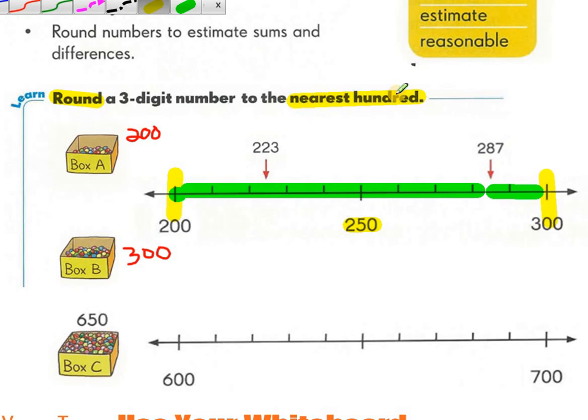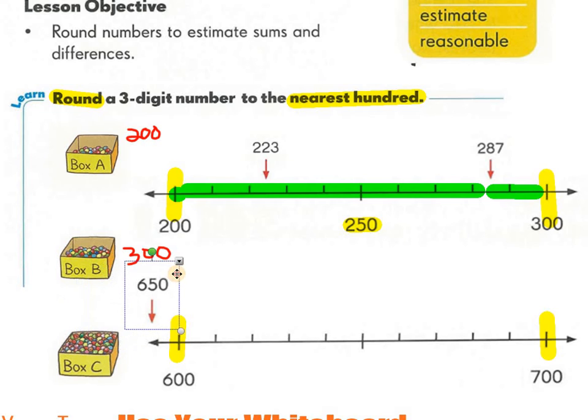Now when I round to the nearest hundred, my answer will either be 600 or 700. So let me grab this number, 650, and put it on the number line. And putting it on the number line is going to help me with my rounding. 610, 620, 630, 640, 650. Oh, it goes right there.